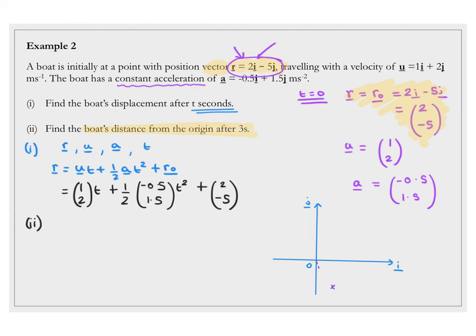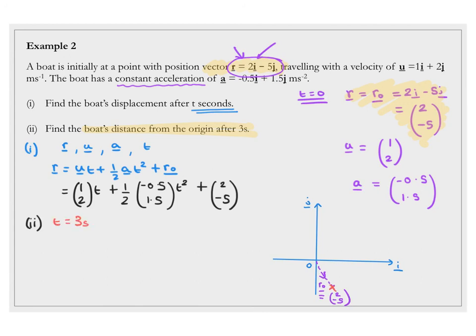So this vector here is r0, which is (2, -5). Can you see? It's 2 units to the right, or in the positive i direction, and 5 units vertically downwards in the negative j direction. So that's the initial starting point. Now, what we know is that the particle is going to travel, and we're interested in where it travels to from this starting point here, which I've just highlighted in red, after 3 seconds.